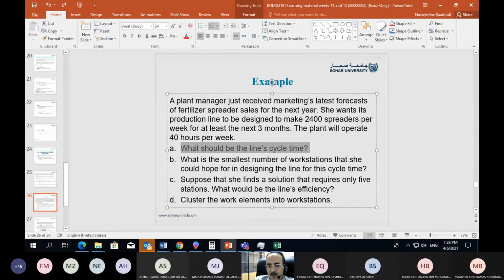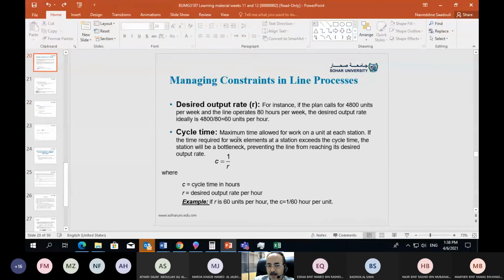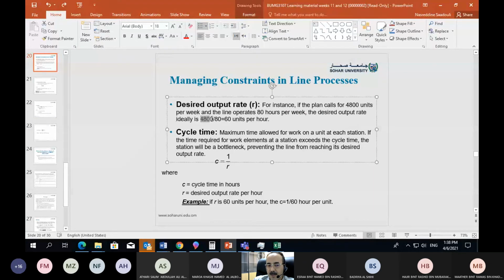So it's asking, what should be the line's cycle time, just applying the formulas. To determine the cycle time, I need to determine the output rate. To determine the output rate, I need to take the desired output by the availability.